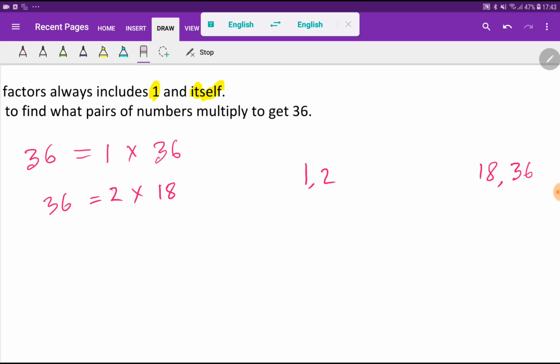Then I will check for 3. 36 is 3 times what? Is 36 divisible by 3? Let me check.